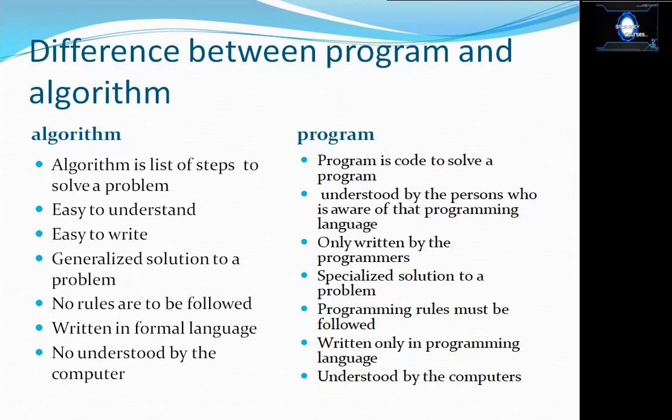An algorithm is easy to write, while a program is written only by programmers. An algorithm is a generalized solution to a problem, but a program is a specific solution. No rules are to be followed in an algorithm, but programming rules must be followed in a program. An algorithm is written in formal language and is not understood by the computer, while a program is written only in a programming language and is understood by the computer.